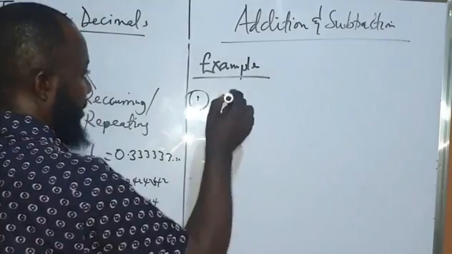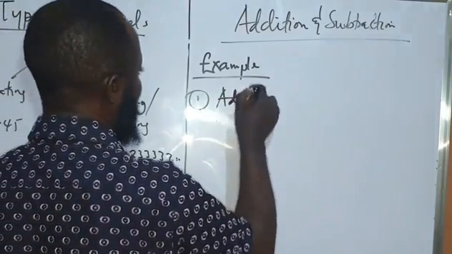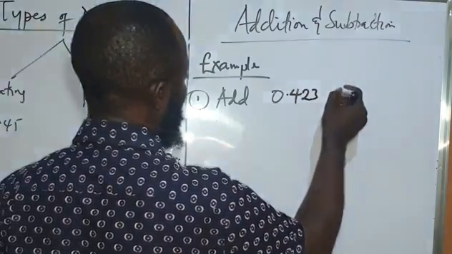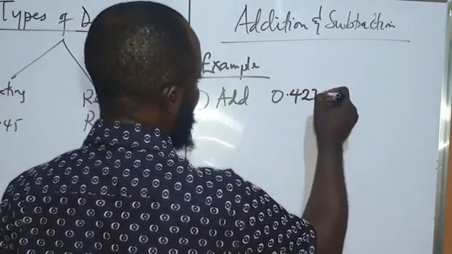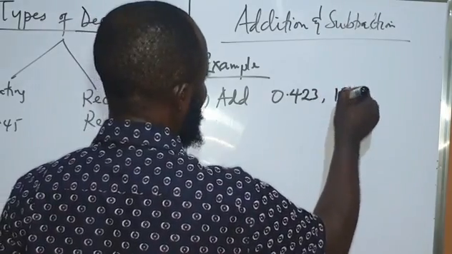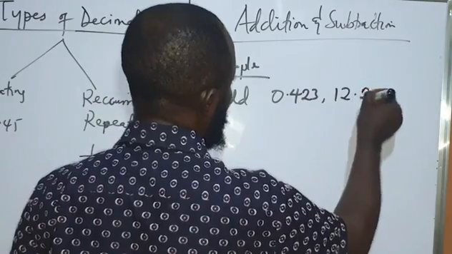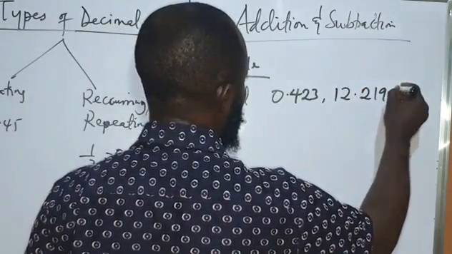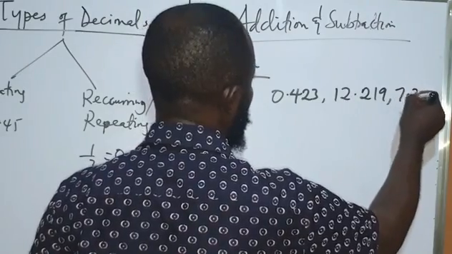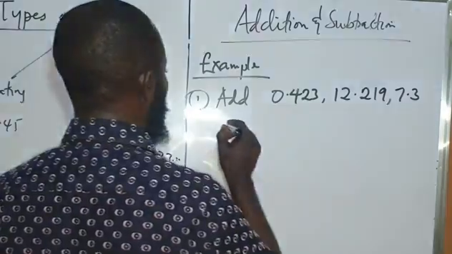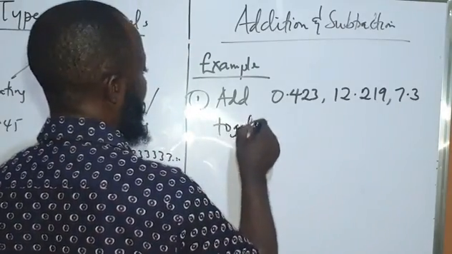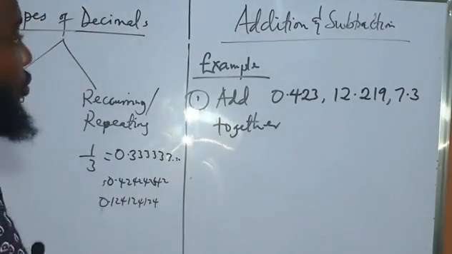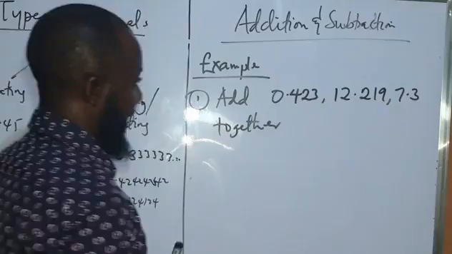1, add 0.423, 12.219, 7.3 together. So we want to add all these together. The first thing you need to do is to write it out.